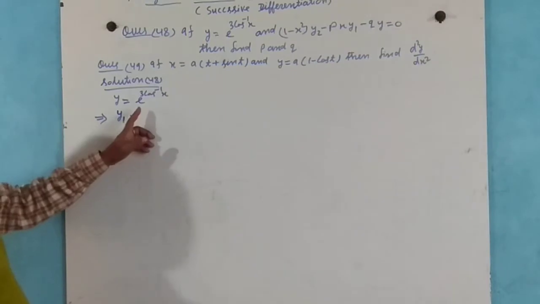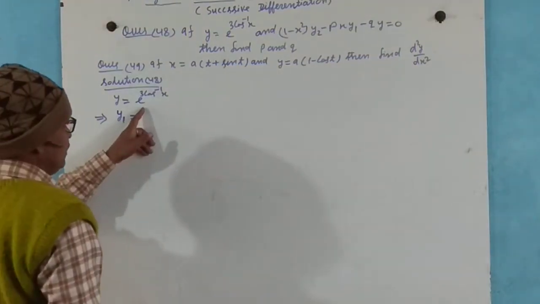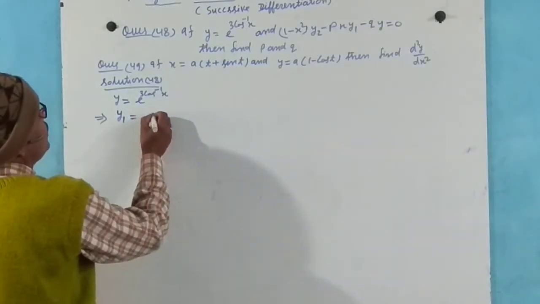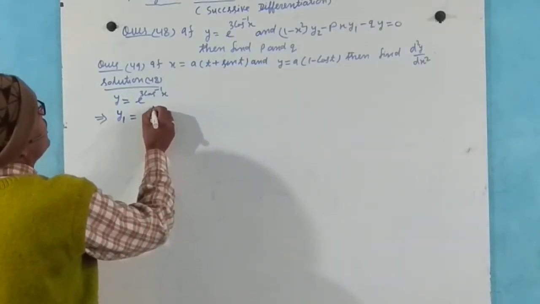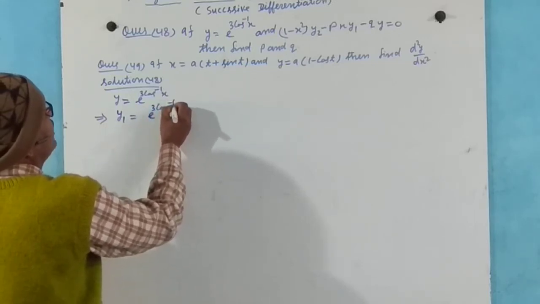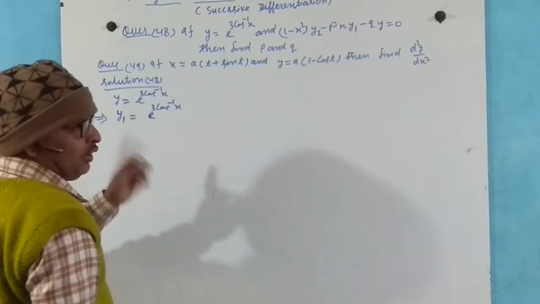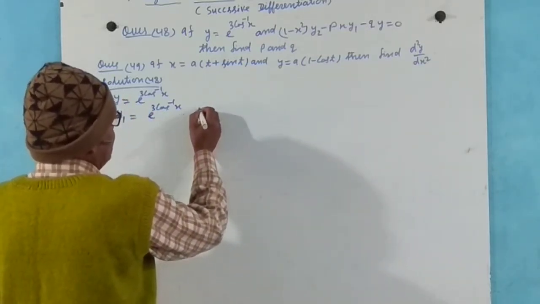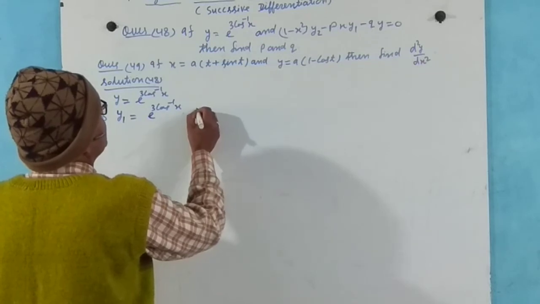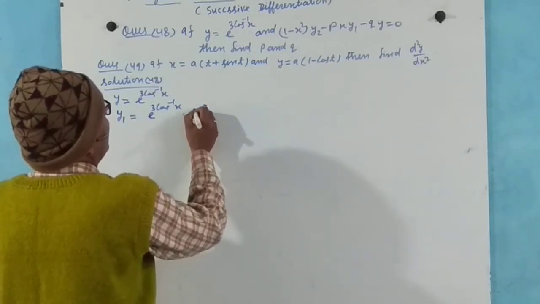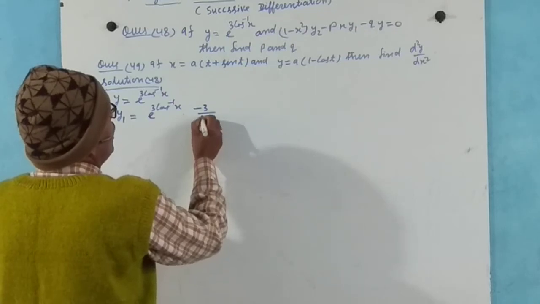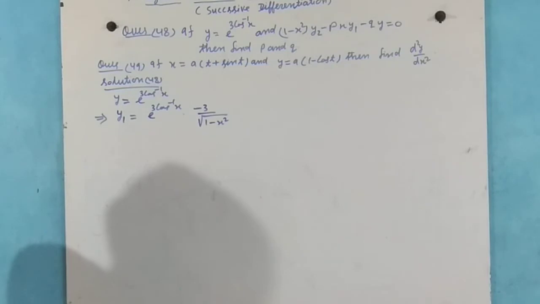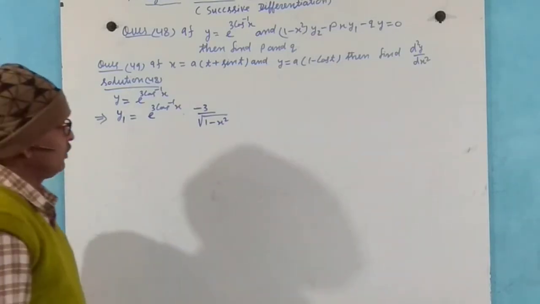The d by dx of this gives e to the power 3 cos inverse x, and d by dx of 3 cos inverse x is 3 times the derivative of cos inverse x, which is minus 1 by under root 1 minus x square.